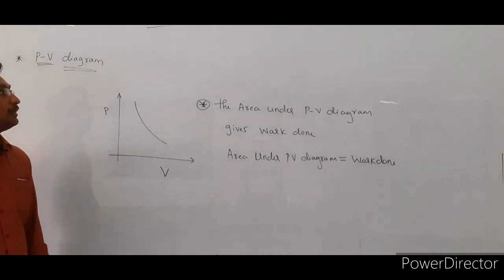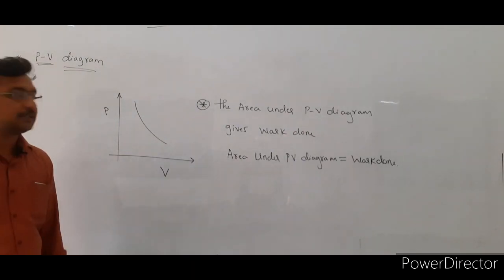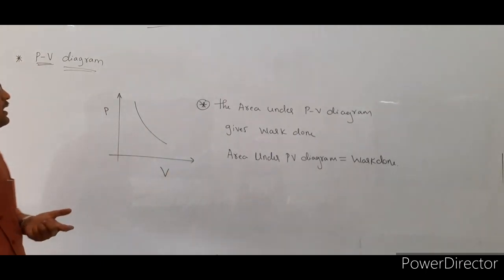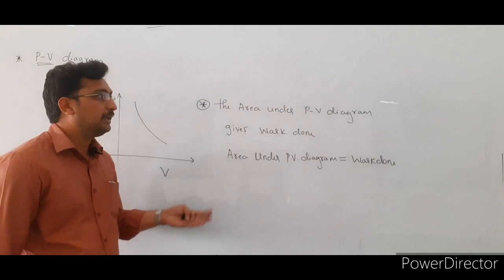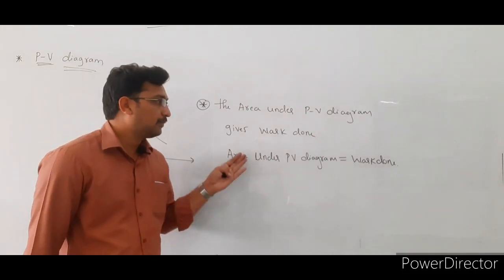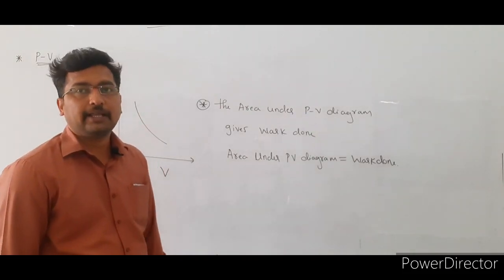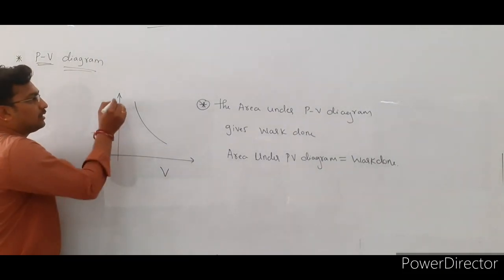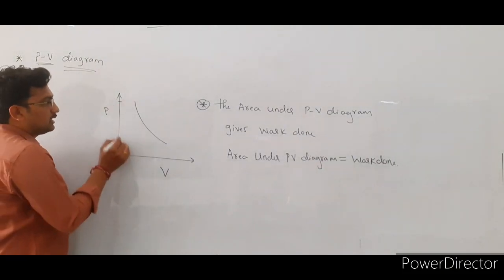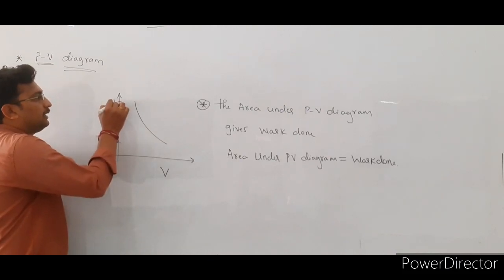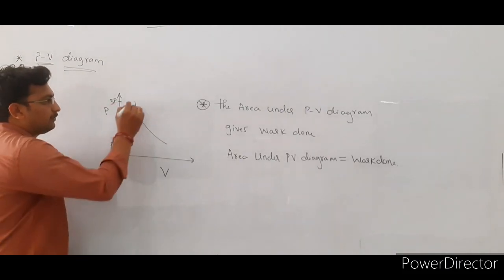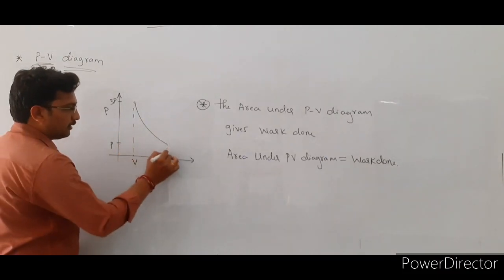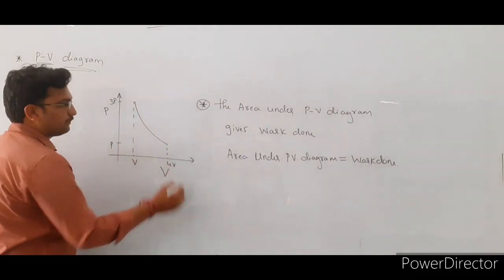First of all, what do we mean by the PV diagram? The graphical representation of the variation of pressure with respect to the volume is known as the PV diagram, and the area under the PV diagram gives the work done. Okay, see here, in this case, let us assume that this point is 3P and this is P, and this point is V and this is 4V, right?